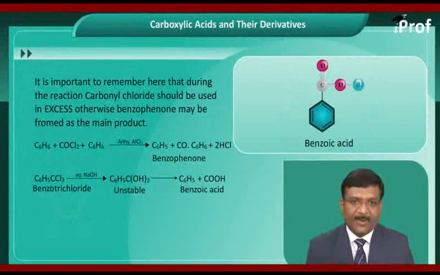It is very important to remember here that during the reaction, carbonyl chloride should be used in excess, otherwise benzophenone may be formed as the main product. Just consider the reaction where benzene reacts with carbonyl chloride in a limited concentration.